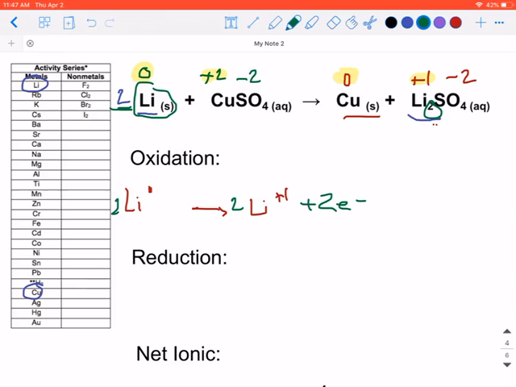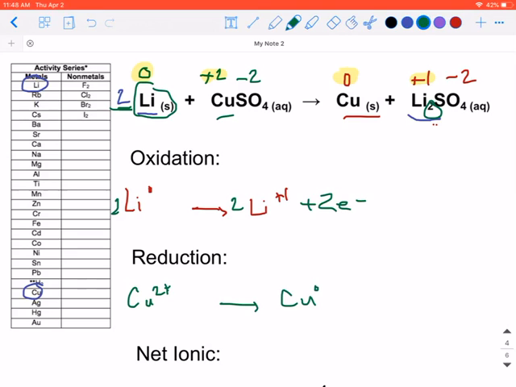So if I were to write this, copper on this side starts out as copper 2+. And it turns into, on the product side, a neutral copper atom. I don't have any coefficients for these coppers, or I only have one of them, so I don't need to do anything with that. But since we went from +2 to 0, that means 2 electrons were gained. That difference between +2 and 0 is 2.